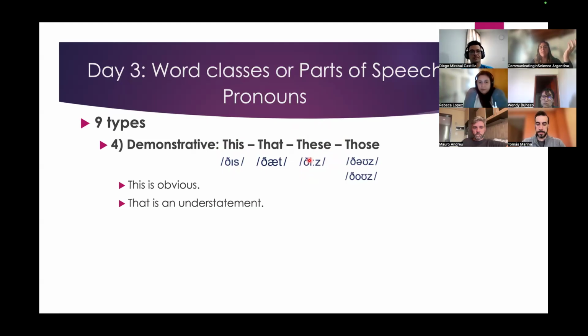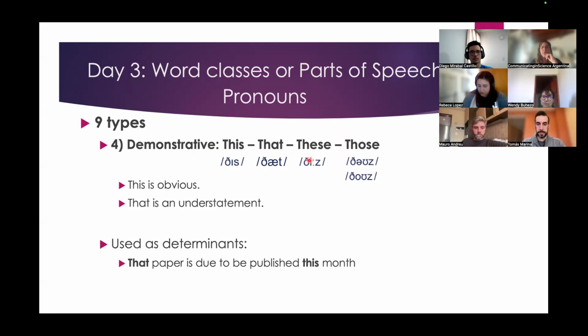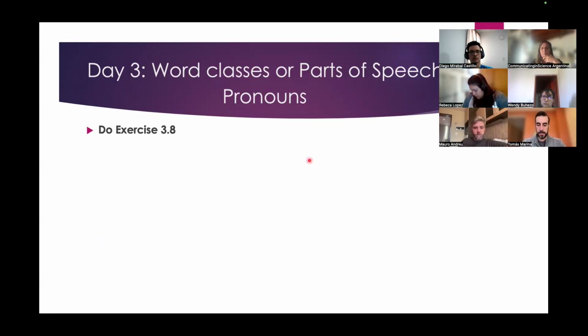So I will say, this is obvious, esto. That's an understanding, eso, it's away from me. And they can be used as determiners. That paper is due to be published this month. That paper, ese paper. It means that it's far away from me. It's not close to me.